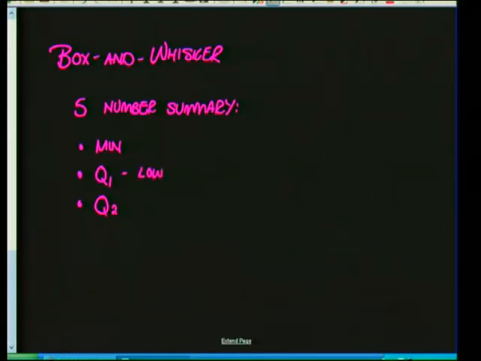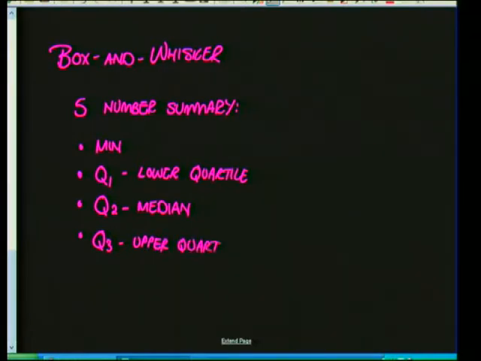Let's just write there that that's your lower quartile. And Q2 is your median. Okay. The next thing we have to write is Q3, which remember is your upper quartile. Okay, and finally, once you've got that, you write the maximum value.